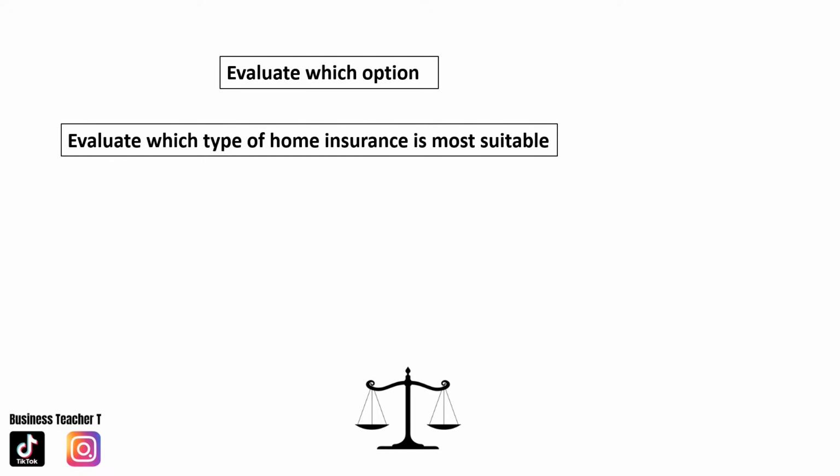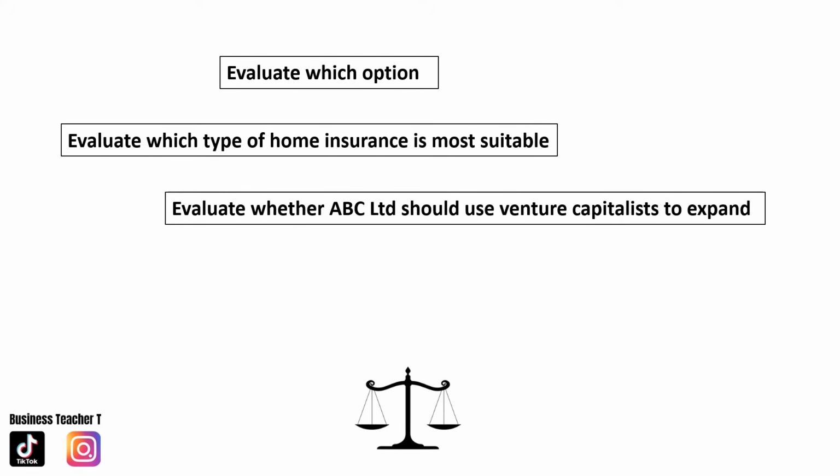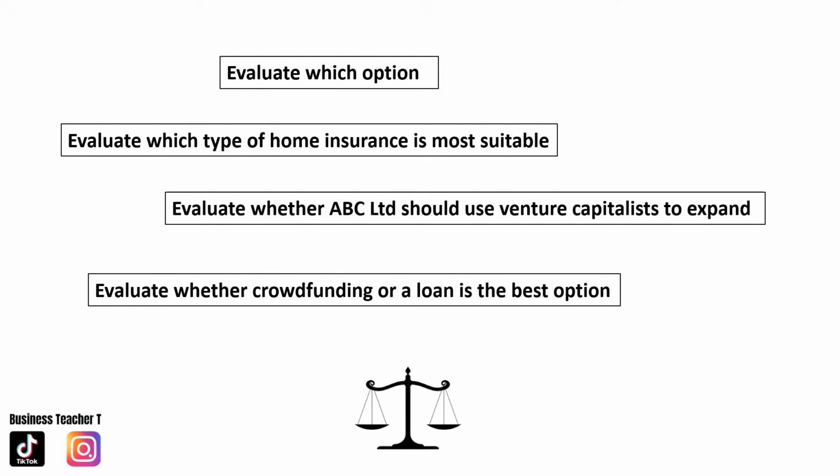You might also be asked to evaluate whether a particular company should use venture capitalists to expand, or evaluate whether crowdfunding or a loan is the best option. So you'll get that type of question that doesn't have options as well. Regardless, you need to evaluate them.